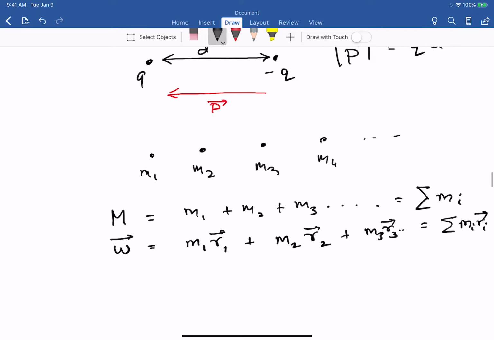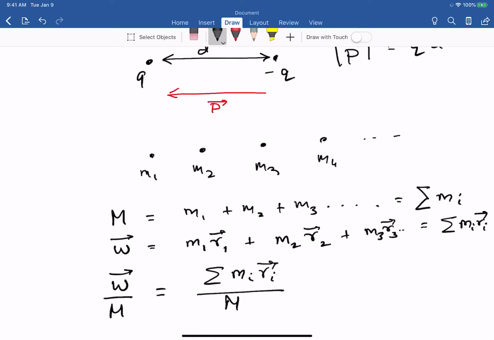We don't know what it stands for, but you can see that it kind of looks familiar. You'll see why if you divide the vector W by the total mass. The vector W was the summation of Mi Ri. If you divide that by the total mass, does the quantity on the right hand side look familiar? It should.